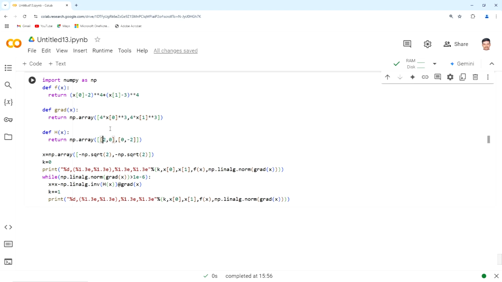And this will be 12 into x1 squared and this is 12 into x2 squared. The answer is 2 comma 3, and we will start with 3 comma 4 just to see what happens.